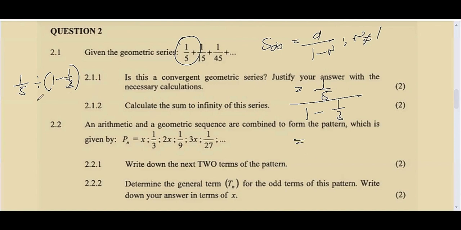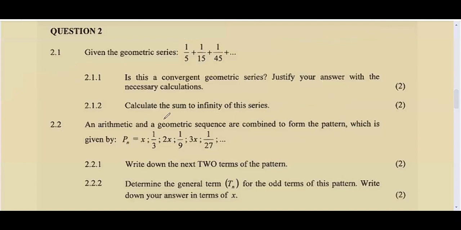So try to break it down like this: 1 over 5 divided by, in bracket, 1 minus 1 over 3, right? Then this will give you 3 over 10. Right, so your sum to infinity is equal to 3 over 10, right? So both of those were just 2 marks, so easy to get.